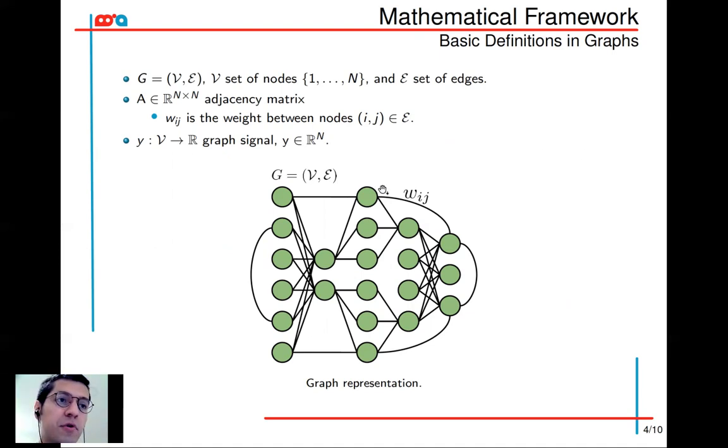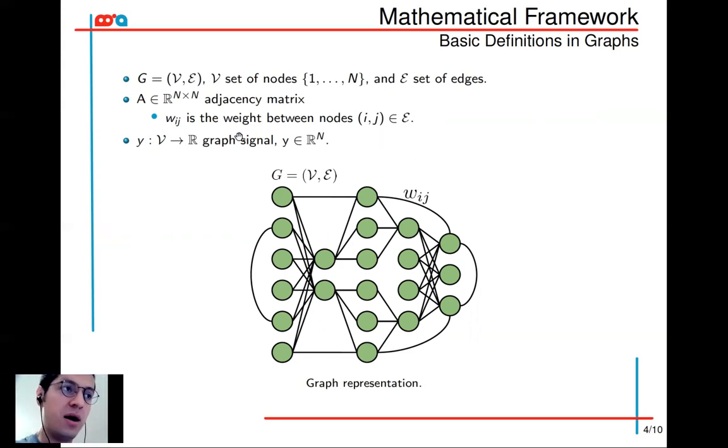So for example, if you have a node I and a node J, if you have a weight, an edge between those two nodes, in the adjacency matrix, you are gonna have a weight in the position I and in the position J. If you have an undirected graph, that means that the adjacency matrix is gonna be symmetric because the same weight between the node I and the node J is the same weight between the node J and the node I. So that's the adjacency matrix.